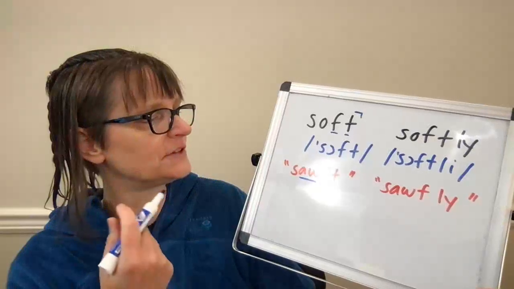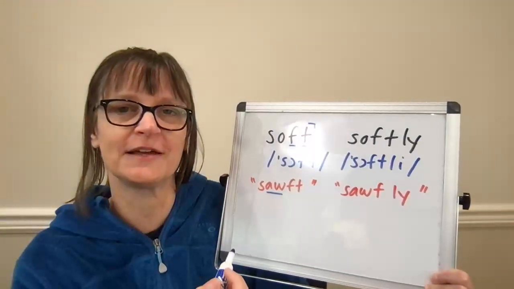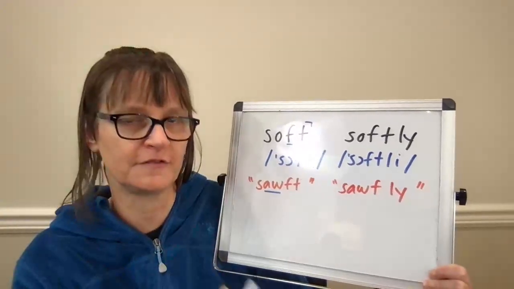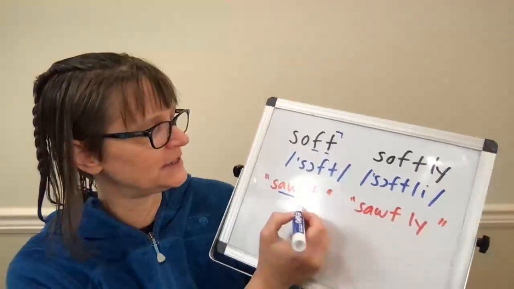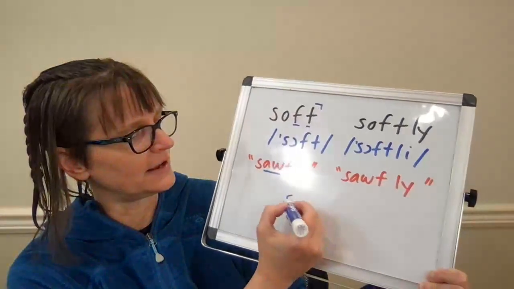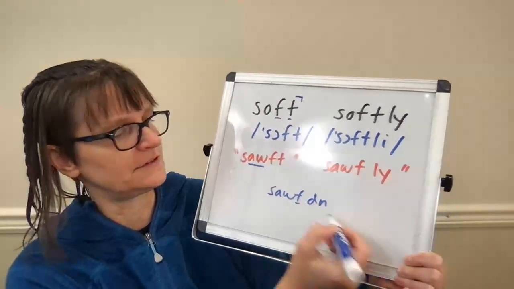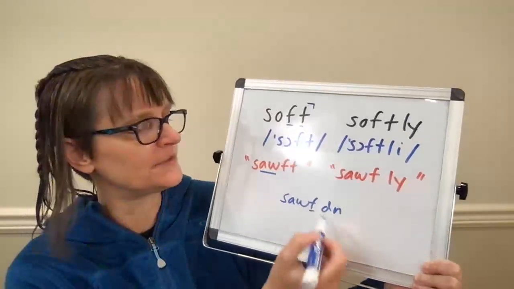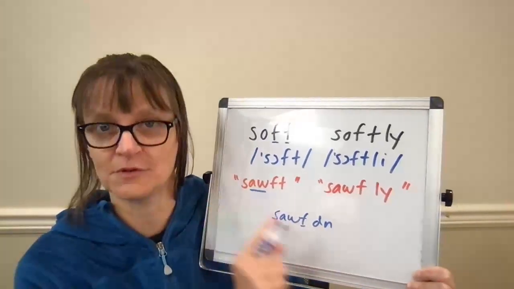If I'm saying another word after soft that starts with a vowel sound, like soft and fluffy, I might change that T to a little bit more of a D, and it would sound like soft and fluffy.